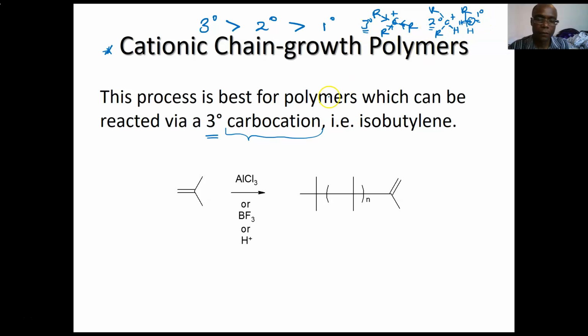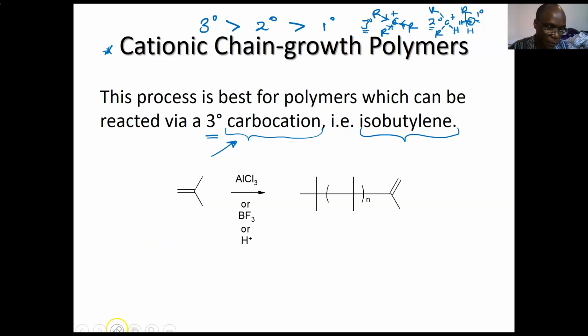So the best vinyl for polymerization is the one that will go through a tertiary carbocation because that's more stable. For example, isobutylene. It's called iso because there's some sense of symmetry; you can cut the molecule into equal halves.